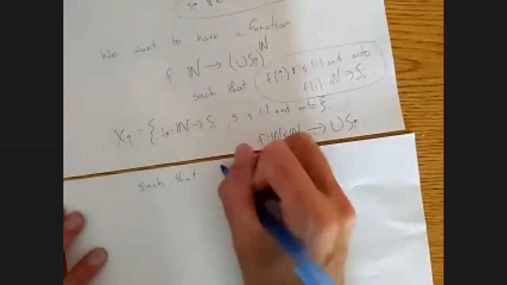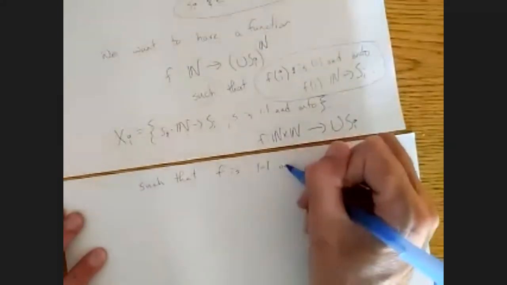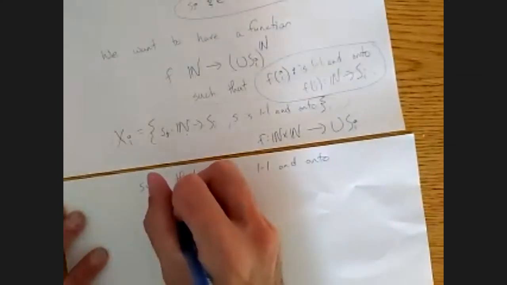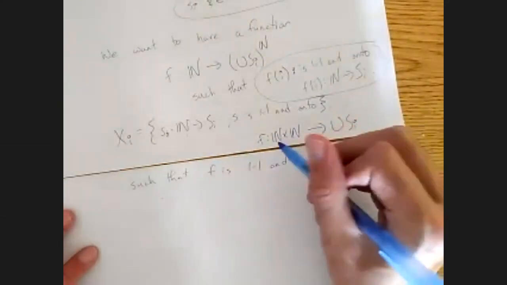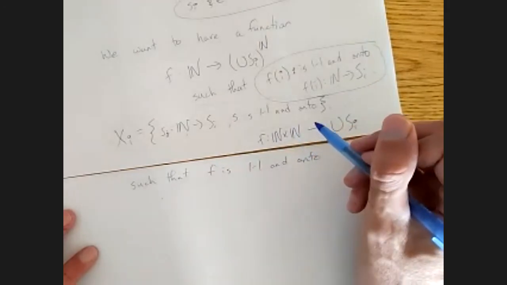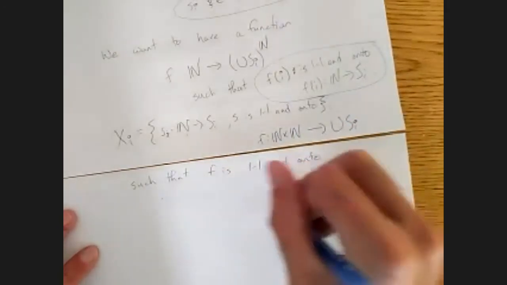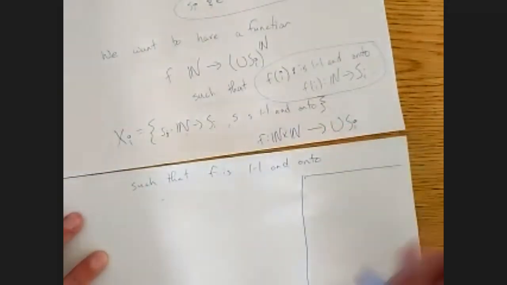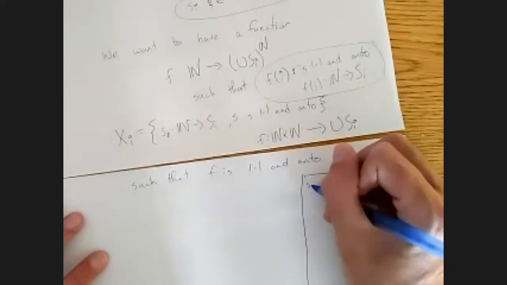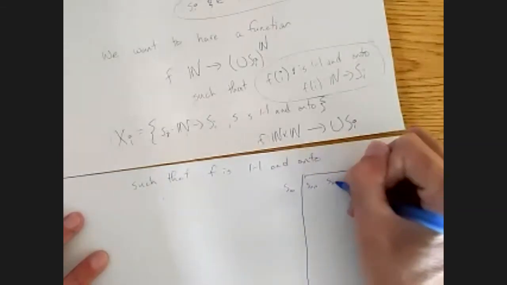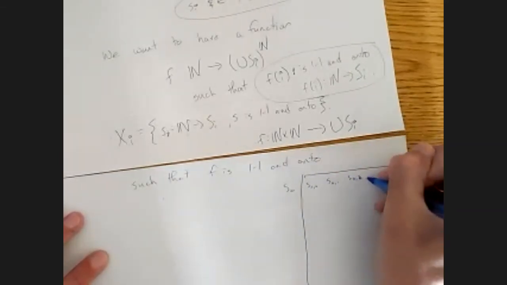Such that f is 1-to-1 and onto, right? Because you define what your function is. Once you choose a function for each S_i, S0 looks like S0,0, S0,1, S0,2, and so on.